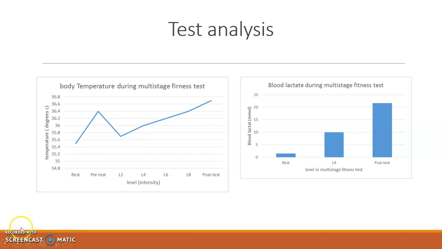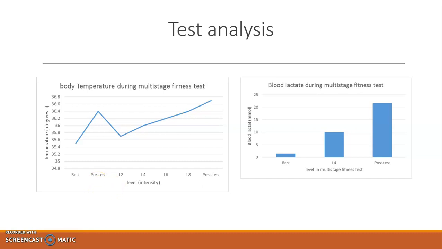So during the multi-stage fitness test, the temperature of the body increases as the intensity of the test increases. The temperature increases as the muscles are working harder at higher intensities and are therefore producing more heat.